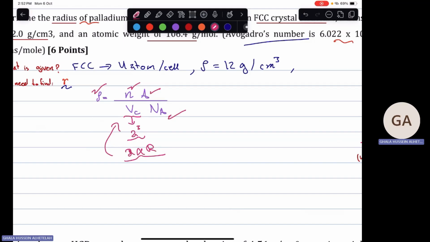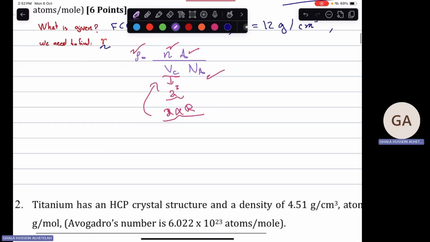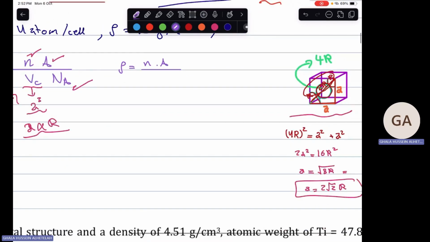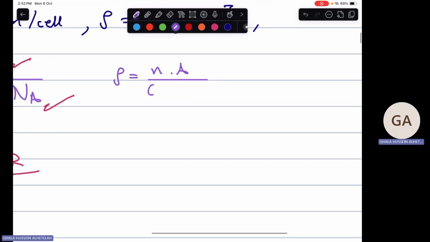Okay, let's substitute. We can say that the density is equal to the number of atoms multiplying by atomic weight over the VC, which is a cube, and the a we find from that relation. We can say that it is 2 square root of 2 r cube multiplying by Avogadro number.